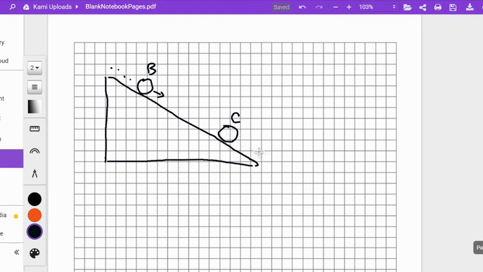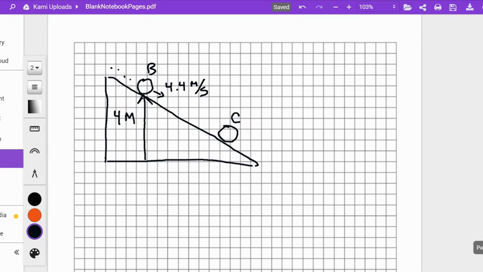Okay, so let's put some numbers into this. So we need to know the height. All right, I'm going to say my height here is 4 meters. And for the initial speed at B, where it's moving, I'm going to say that velocity is 4.4 meters per second.